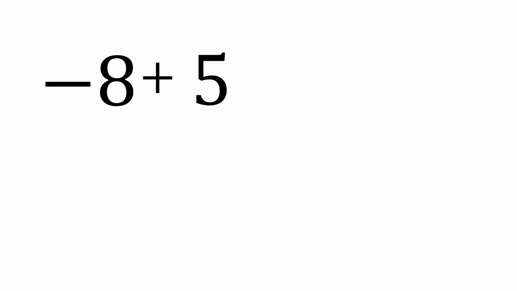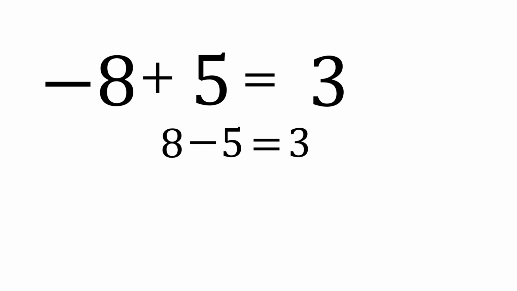So we have different signs. If it's different signs, we subtract. So 8 minus 5 is 3. So that means negative 8 plus 5 is 3, but follow the sign of the bigger number. So 8 is the bigger number and the sign is negative. So it's negative 3.